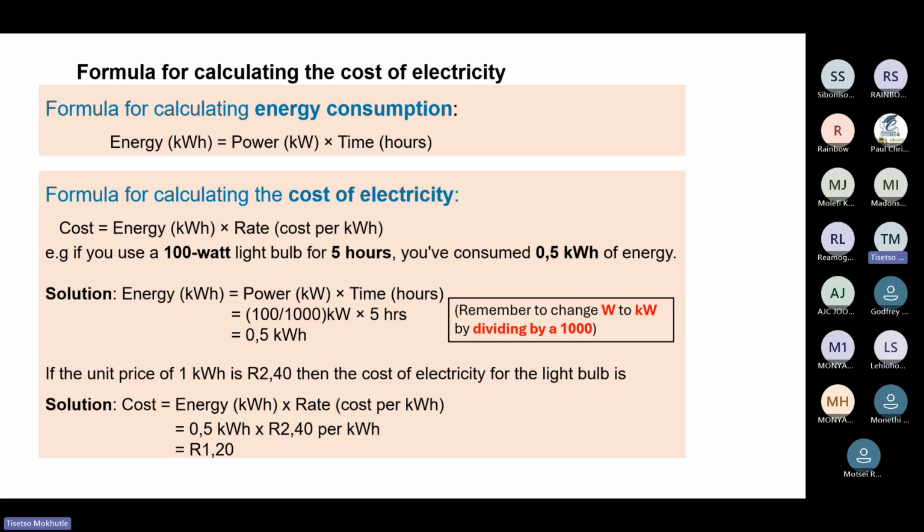Now, we are going to look at the cost of electricity calculation. The formula that is used to determine the energy being used by any electrical device is the power label on the electrical device multiplied by the time you are going to use the device. For example, if you are going to switch on a radio, you should look at the radio's power wattage label.